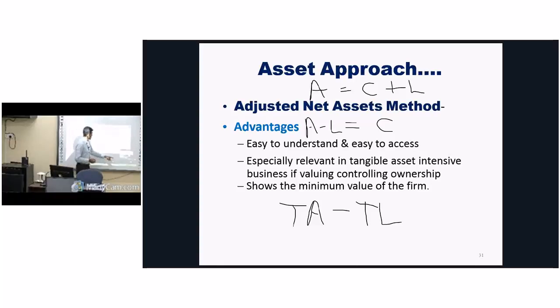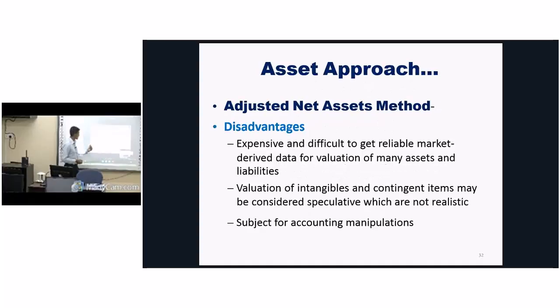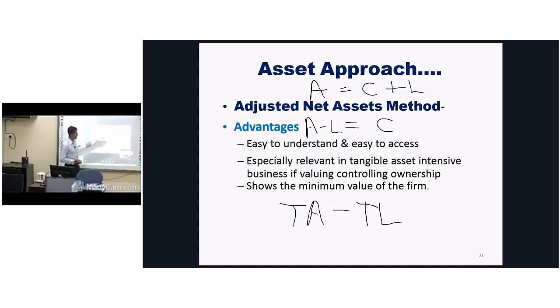Each method has its own advantages. As I told you, it's easy to understand, easy to access, and especially relevant for tangible asset intensive businesses. What I mean is, if a firm has so many assets, in such organizations when you are going to value, this would be a better approach.